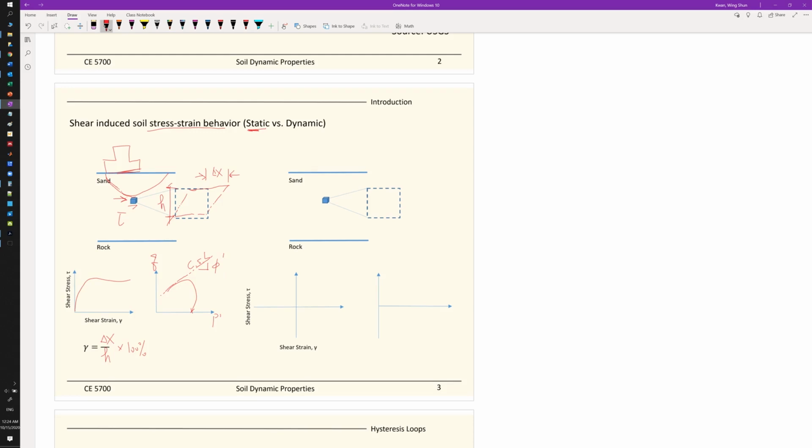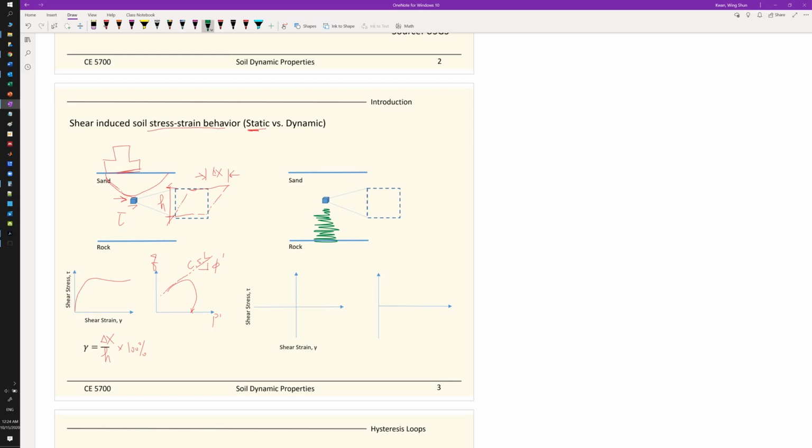So what happens in an earthquake? An earthquake is not providing a static loading, but a dynamic loading. When an earthquake happens, it is like an upward propagating shear wave. Let me just screen maybe. So when an earthquake happens again, it's just like the earthquake ground motion records we played in lecture 2.